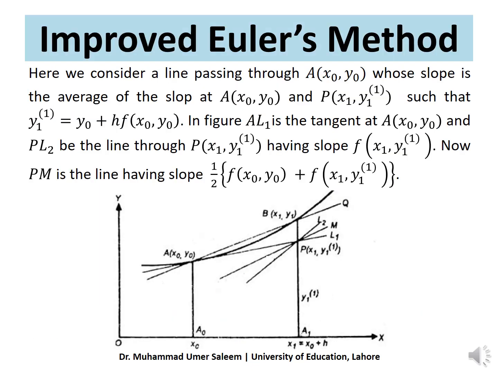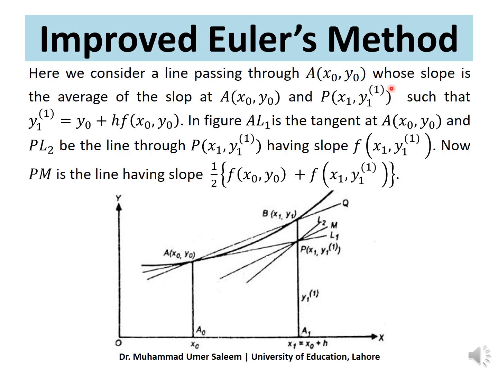So look at this next method. We call it the improved Euler method. Here we consider a line that passes through x0, y0 whose slope is the average of the slope of the tangent at x0, y0 and the tangent at P, x1, y11.